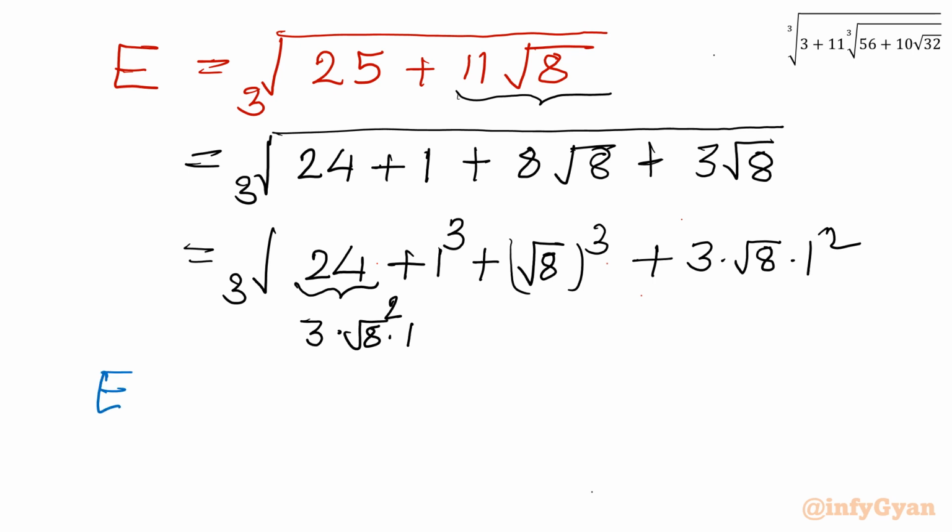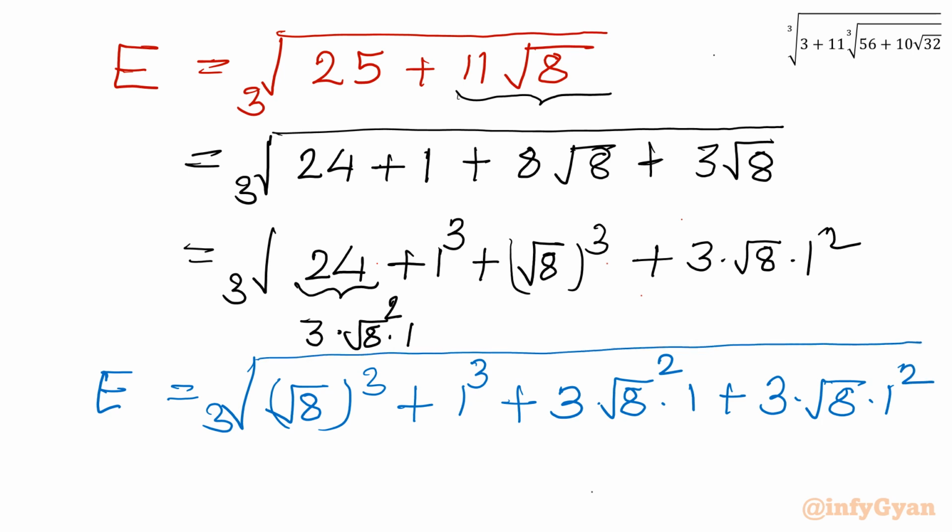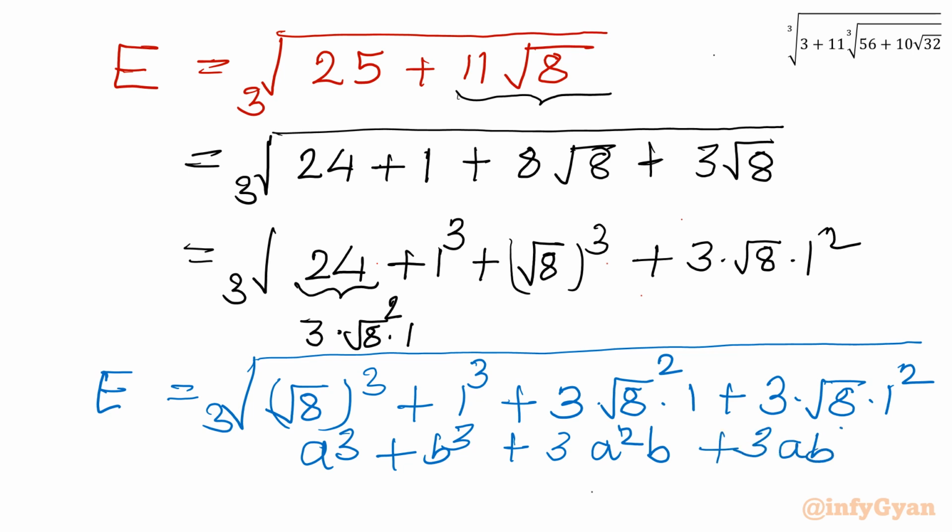So I will arrange E equal to cube root of root 8 whole cube plus 1 whole cube plus 24 it is. So I will be writing 3 times root 8 square times 1, and the last term is 3 square root 8, which we will write in this way. Now you can see again it is a cube plus b cube plus 3a square b plus 3ab square.